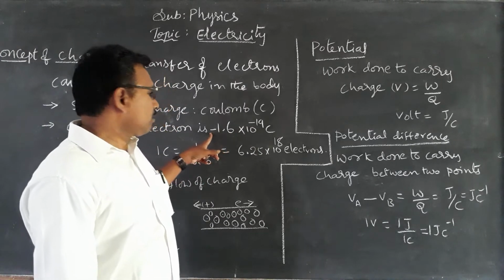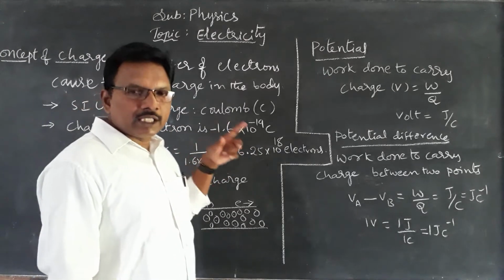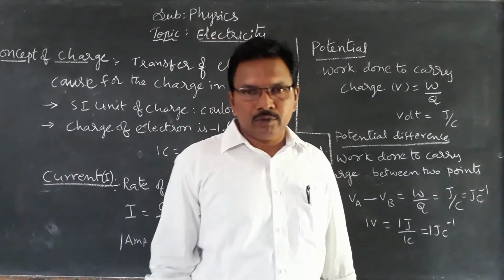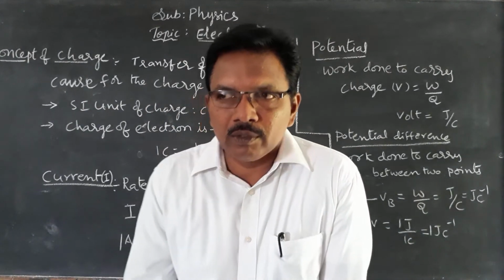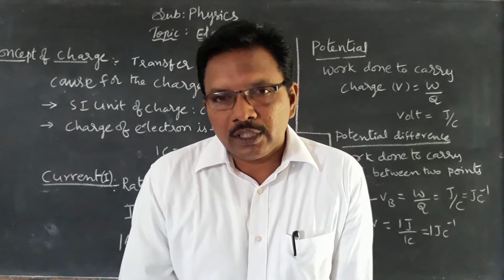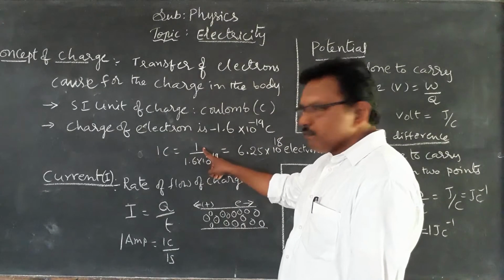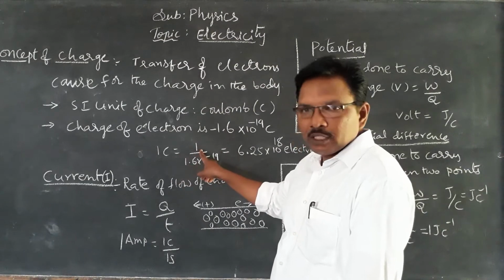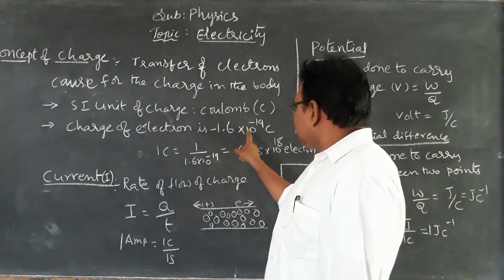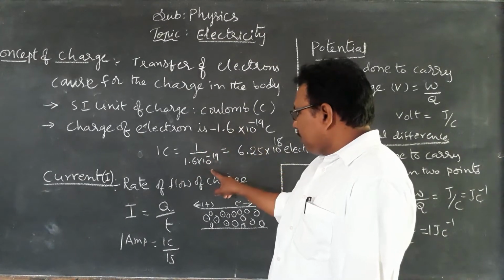Okay. Now, the unit for charge is the coulomb. In 1 coulomb of charge, how many electrons are present?